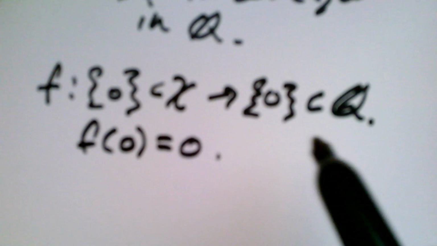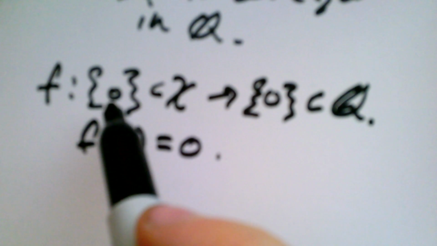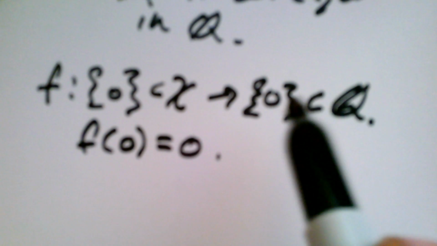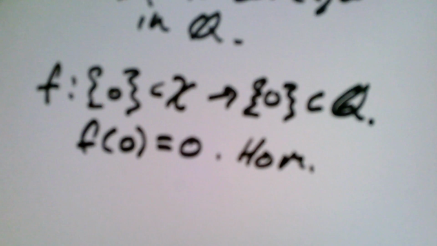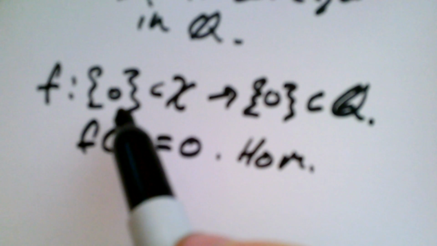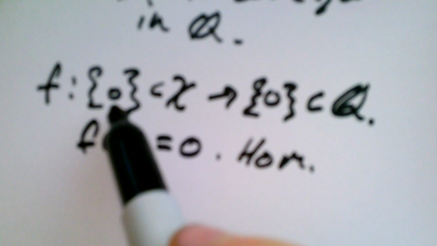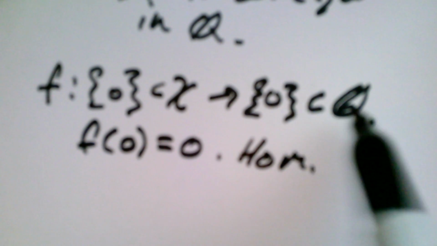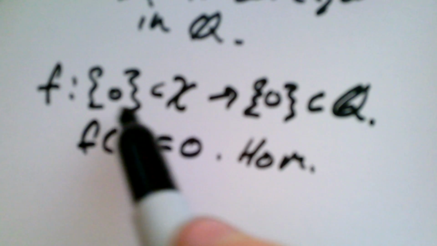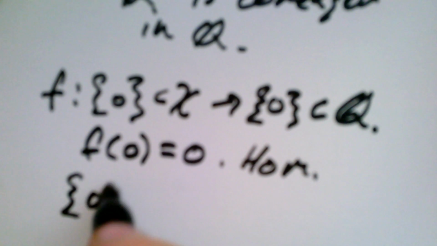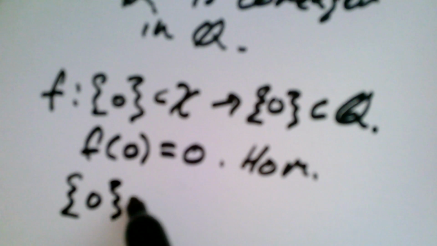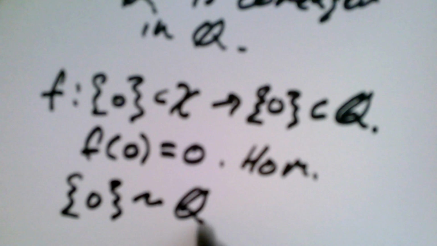It sends one point to one point, therefore every open set of that point is sent to an open set of that point, and every open set of this point is drawn backwards to an open set of that point. So it is a homeomorphism. But every space is comeager in itself, so X is comeager in itself, and every subset of Q is comeager in Q. So this is a homeomorphism of comeager sets, so therefore our singleton set {0} is almost homeomorphic to Q.